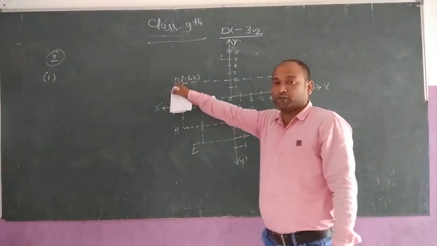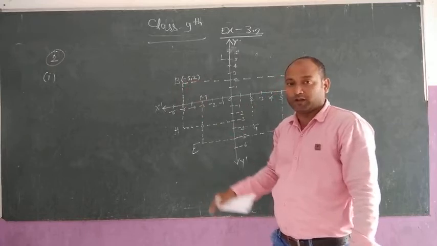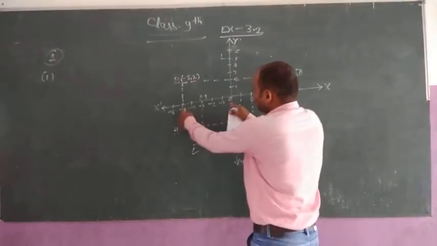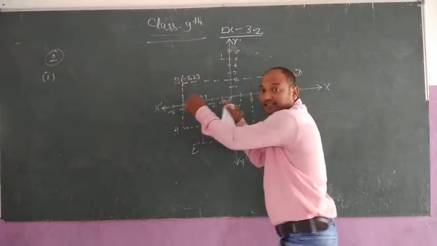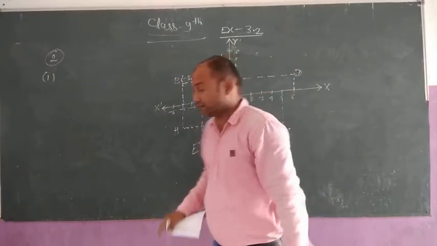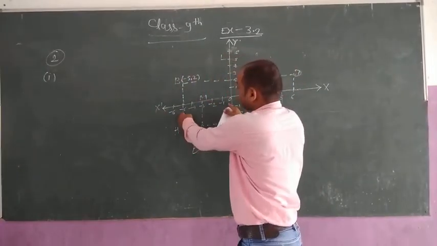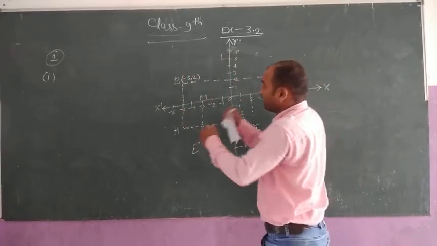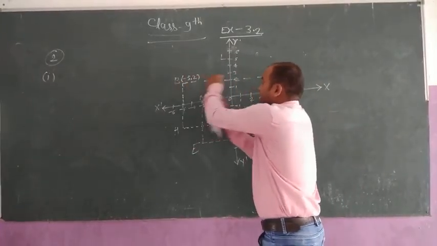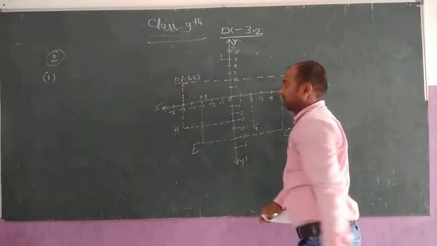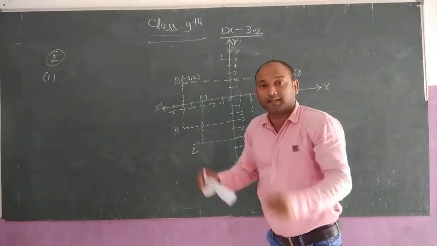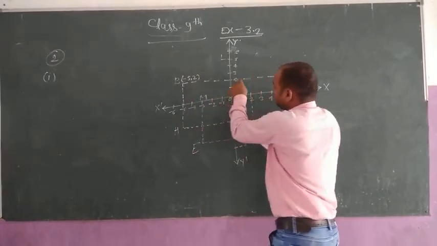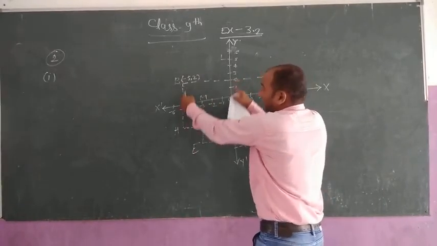Coordinate of point B is minus 5 and 2. Minus 5 means the distance from the y-axis, and 2 means the distance from the x-axis.